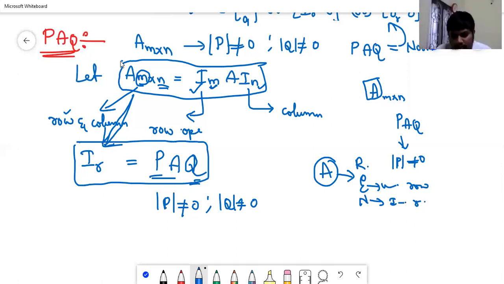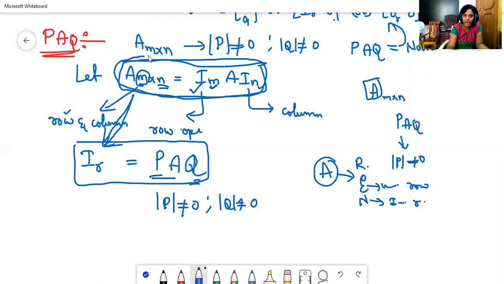In the PAQ form, we choose A equal to I_m A I_n. In this also, you use row and column operations. In the left A matrix, you use both elementary operations.